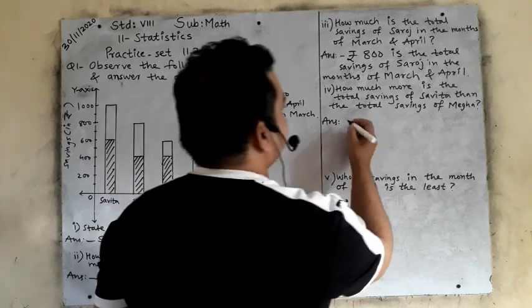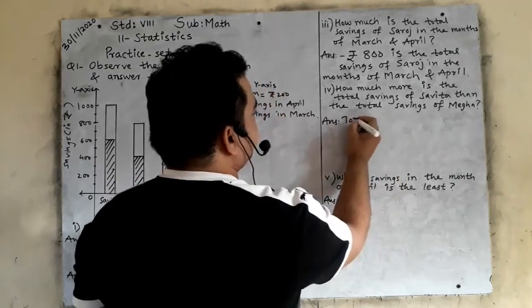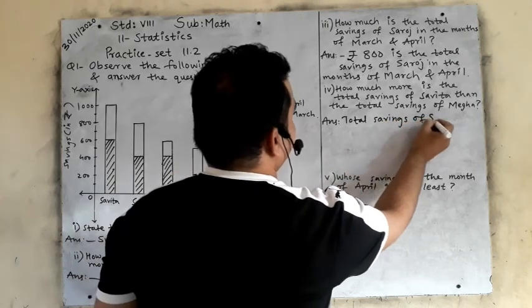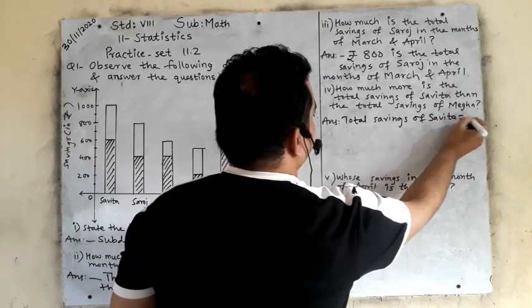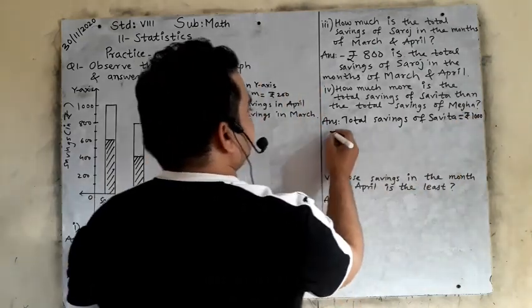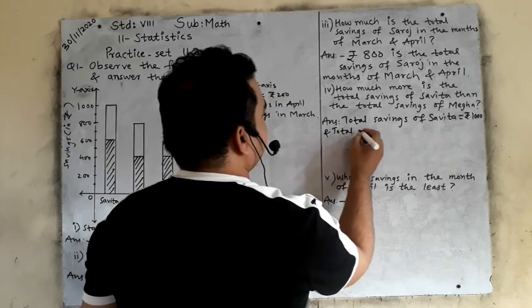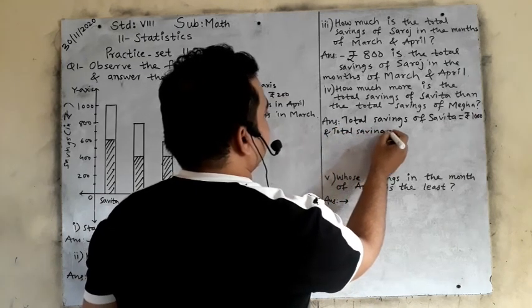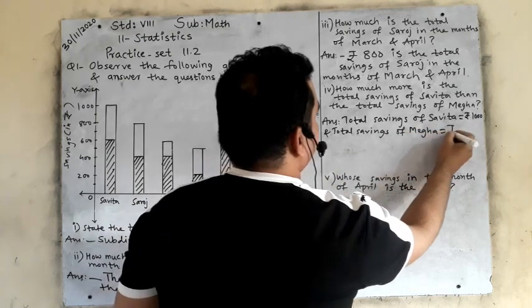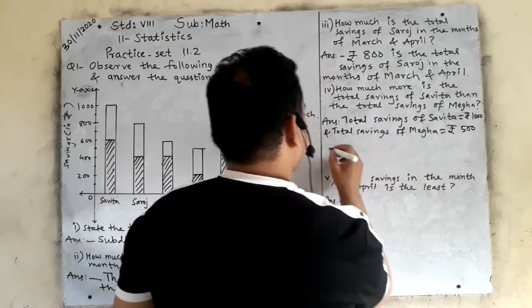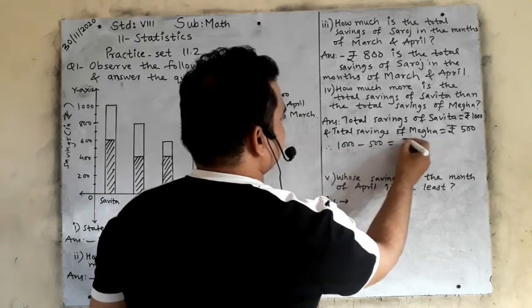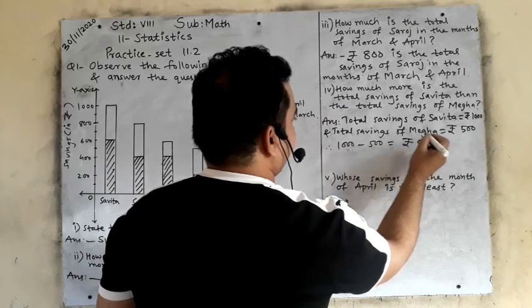So you will mention over here: the total savings of Savita is equal to rupees 1000, and the total savings of Megha is equal to rupees 500. Therefore 1000 minus 500 is equal to rupees 500.